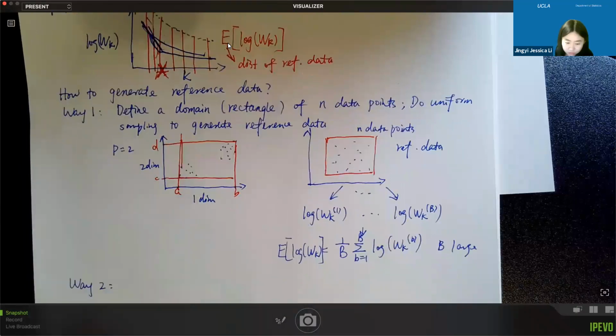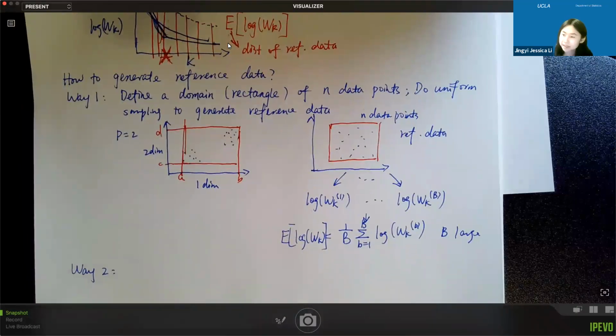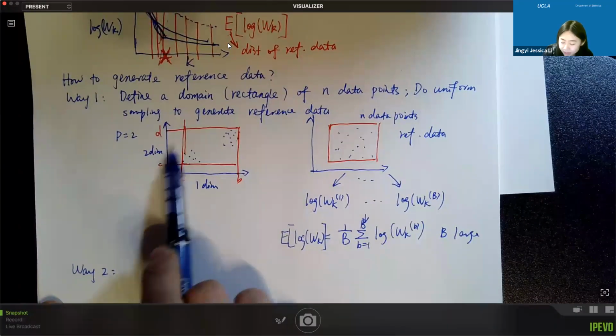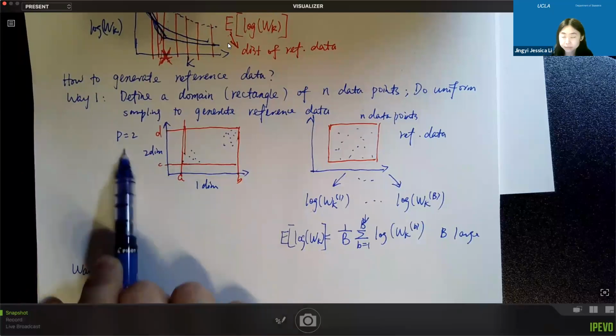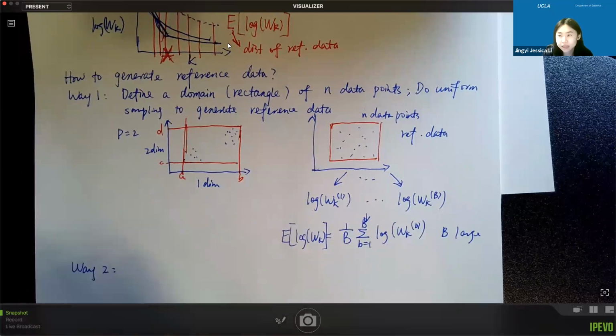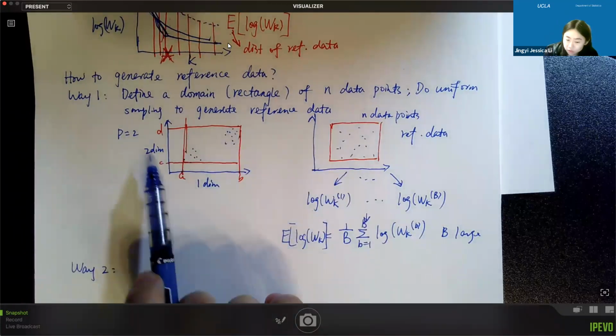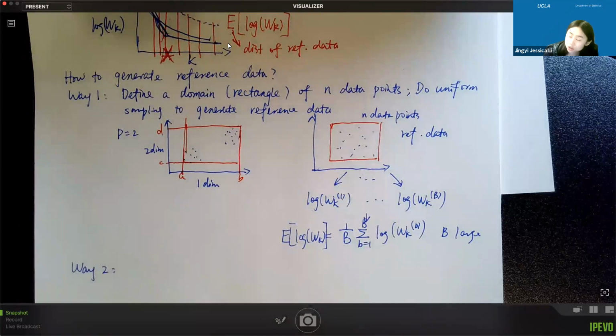And this is related to what we call PCA. Way 2 is basically to recombine the original P dimensions into more meaningful dimensions, and then generate data in that new coordinate system corresponding to the new dimensions instead of the original dimensions.